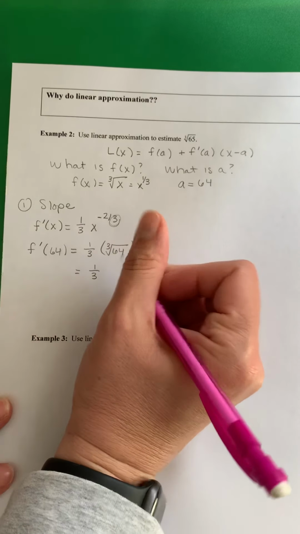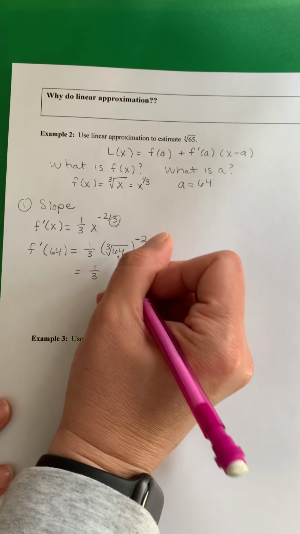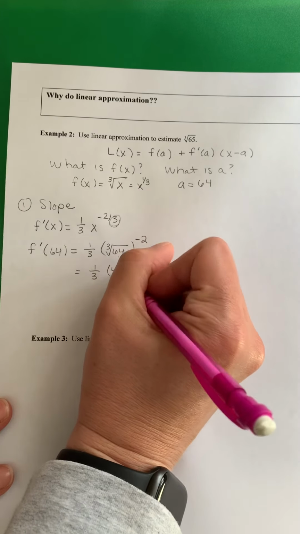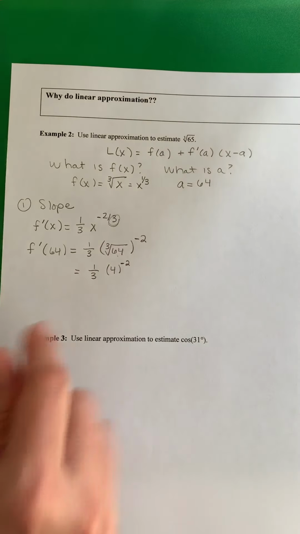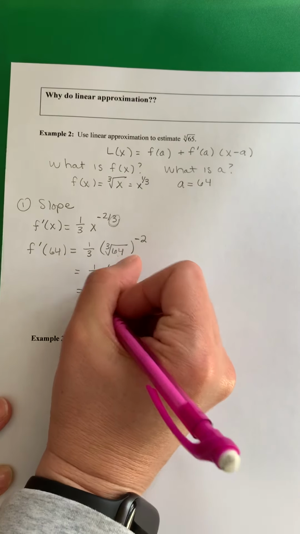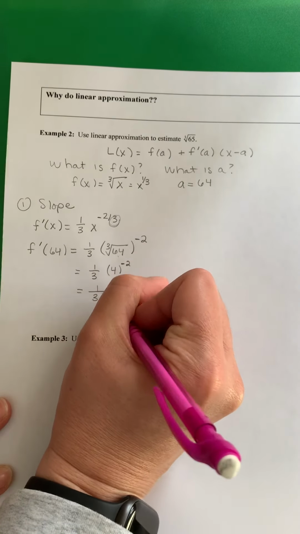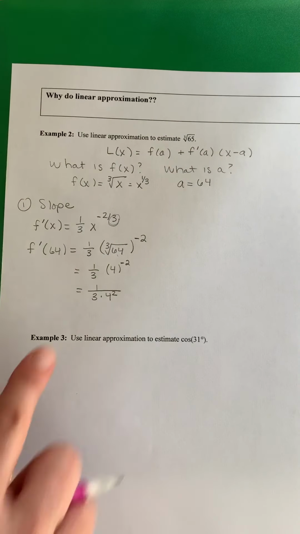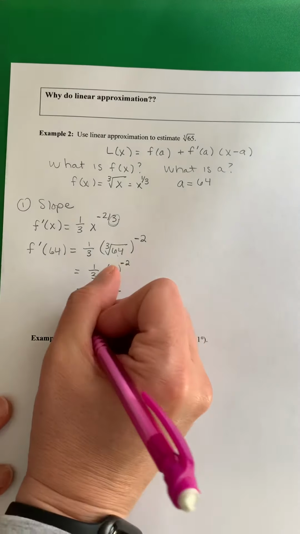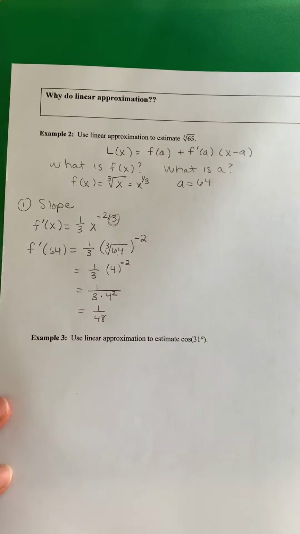The reason we picked the cube root of 64 is because it gives us a nice answer like 4, to the negative 2. A negative exponent just means to move it downstairs with the 3. So we have 4 squared there, and now this is something that we can do. We have 16 times 3. So the slope of our line is going to be 1/48.